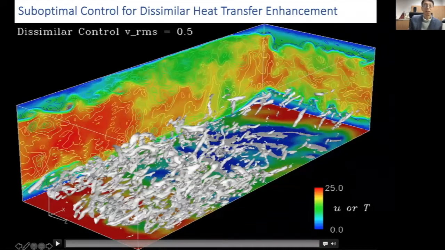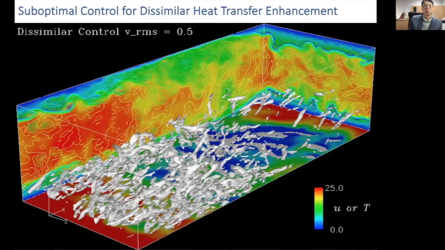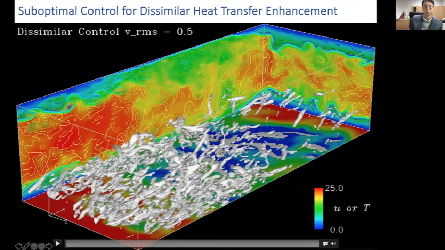This is a visualization of turbulent channel flow subject to suboptimal control. This white contour shows the second invariant of the deformation tensor, which is the vortex core. You can also see some color on the bottom wall, and the red region corresponds to wall blowing, and the blue region is wall suction.